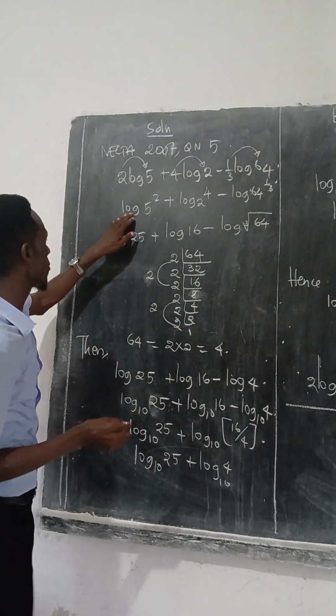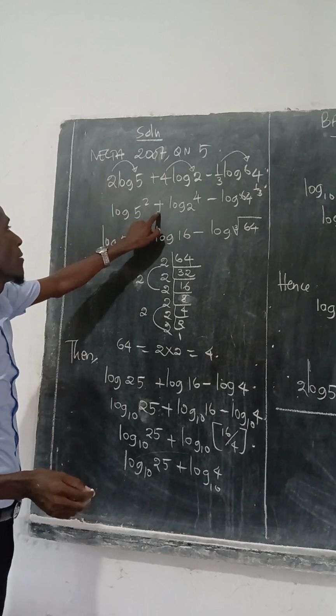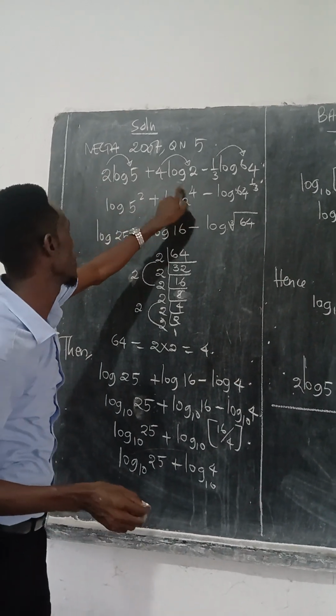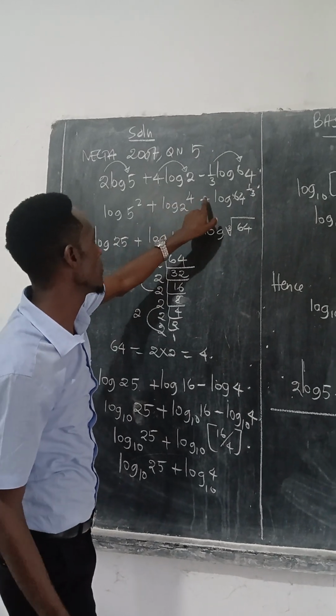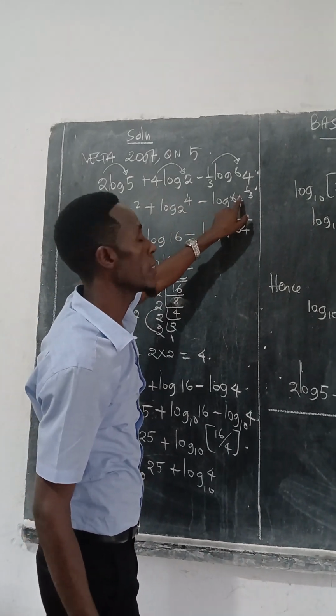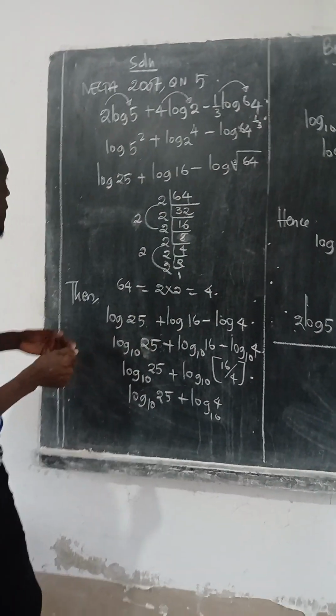Then it will be logarithm of 5 with exponent 2, plus logarithm of 2 with exponent 4, minus logarithm of 64 with exponent 1/3. So it will be in this way.